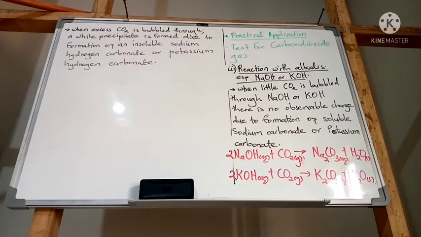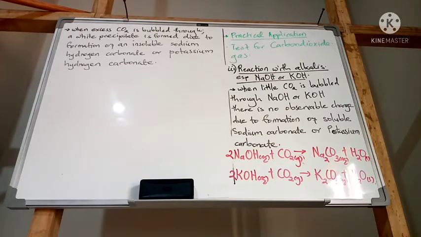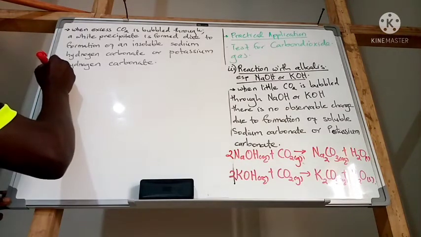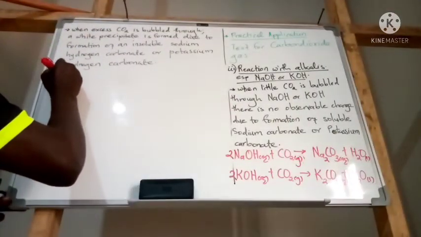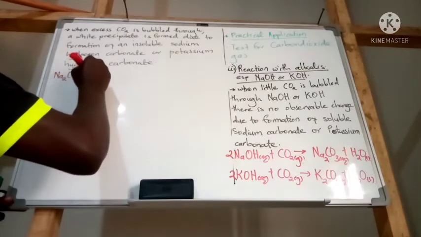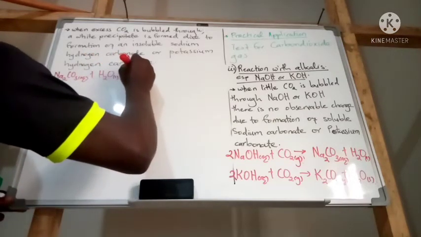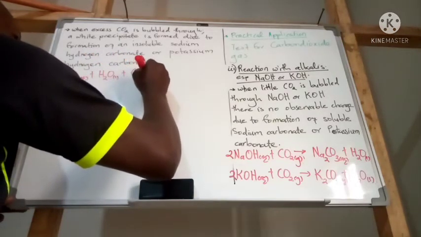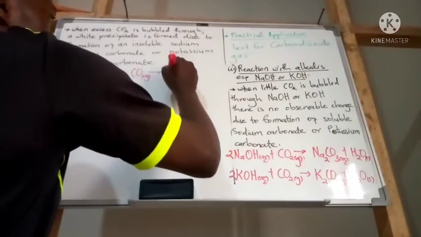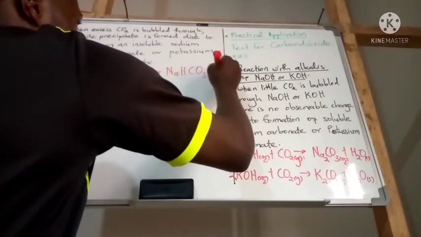With an equation to represent what I've said here, in these products where you have sodium carbonate and water, you bubble carbon dioxide through, you're going to form sodium hydrogen carbonate, which is a solid.